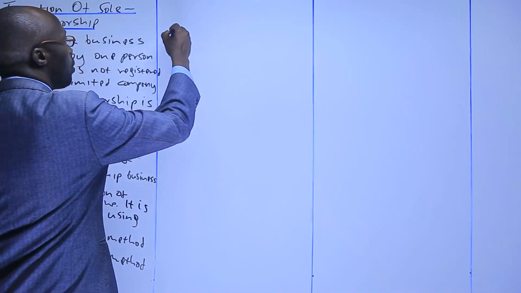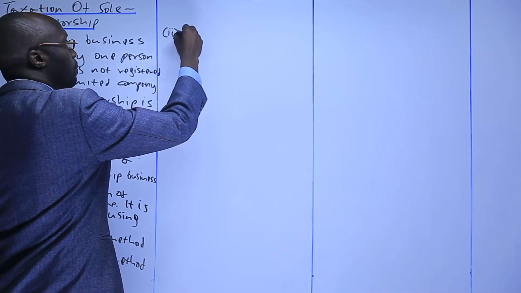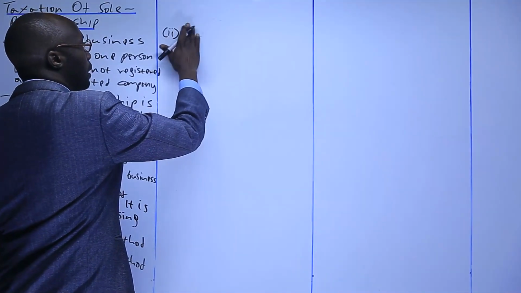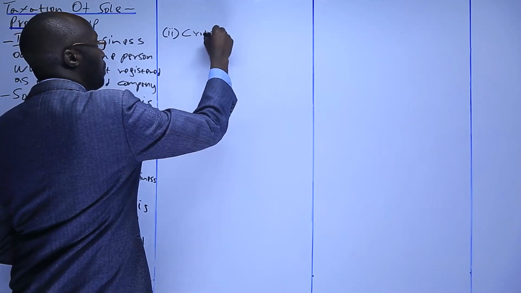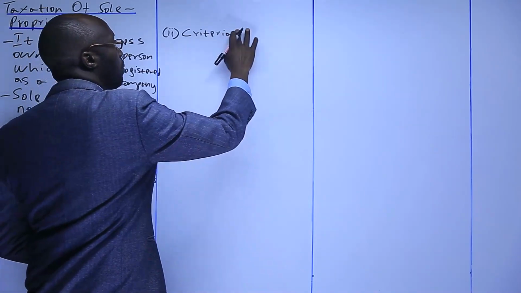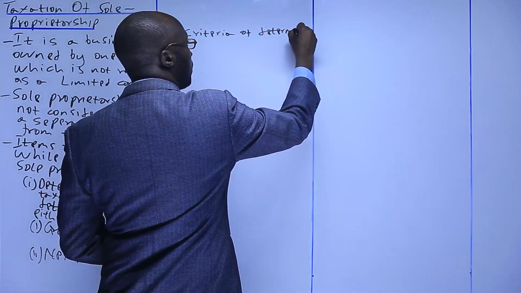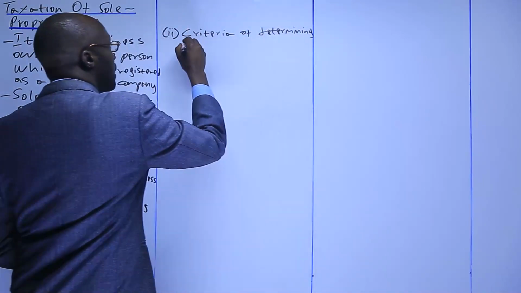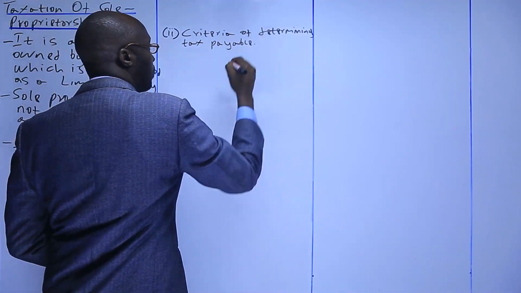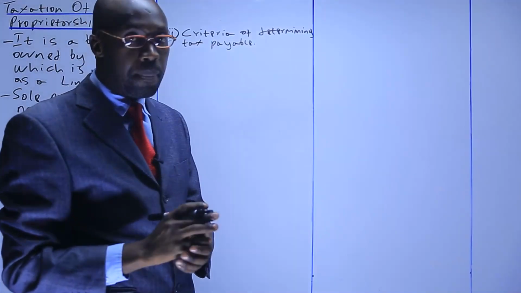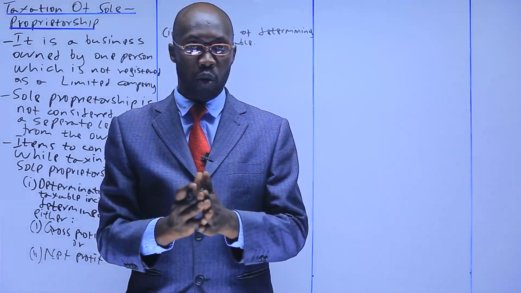We have number 2, determination of tax. It's called criteria of determining tax payable. So the question is, how do we determine the tax payable by a sole proprietorship?